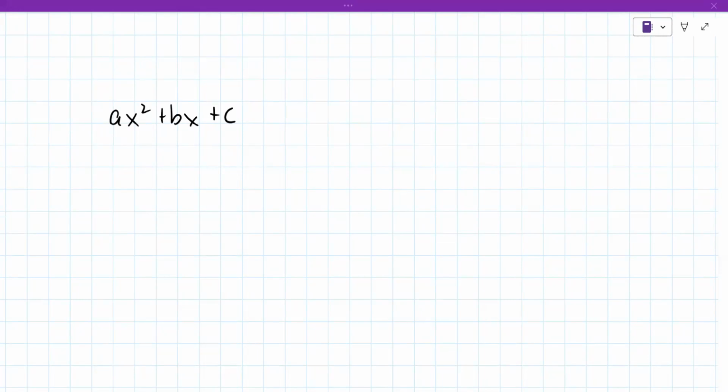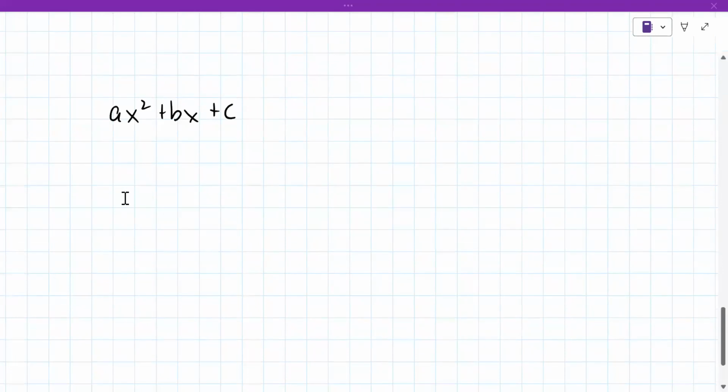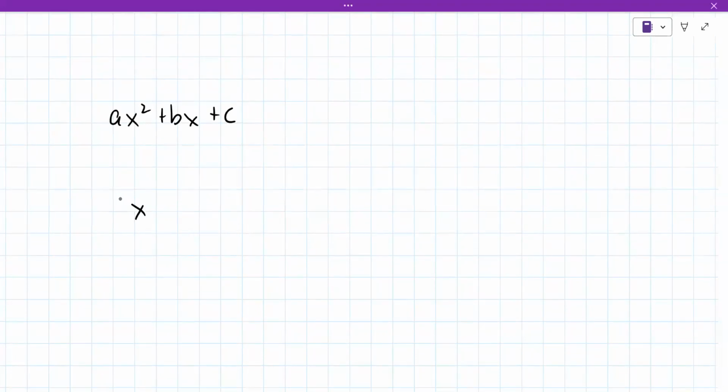I'll show you a couple examples and see if it makes sense here. 2x squared plus 3x minus 9. So when you have a number in front and there's no GCF, there's not a number that goes into both 2, 3, and minus 9.